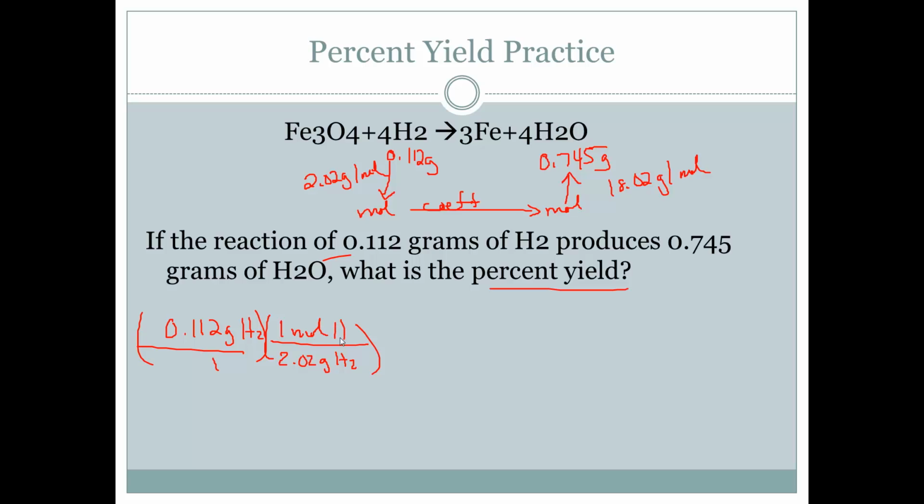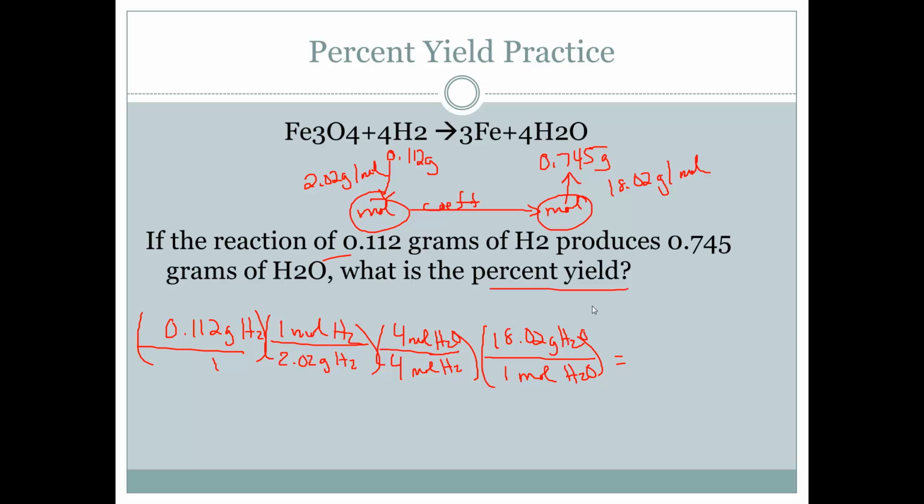We're right here in our plan. 4 moles of H2 for 4 moles of H2O. Now we need to get into grams of H2O. For every 1 mole of H2O, we have 18.02 grams of H2O. So 0.112 divided by 2.02 times 4 divided by 4 times 18.02 comes out to be 0.999.